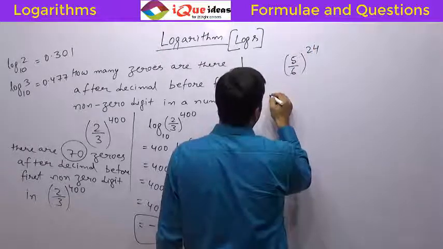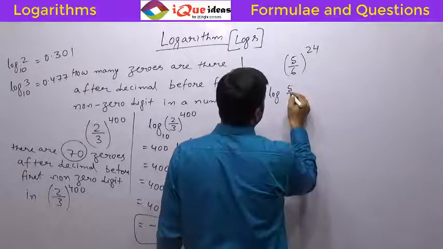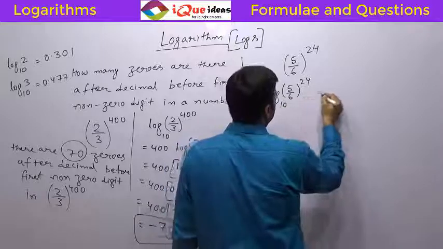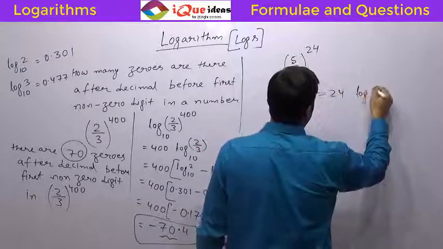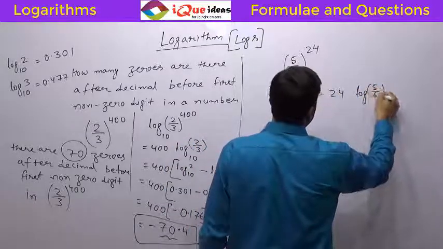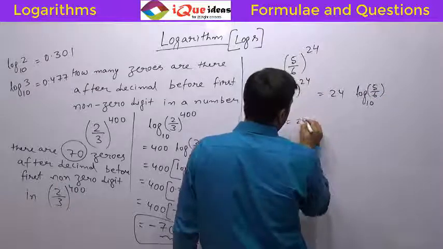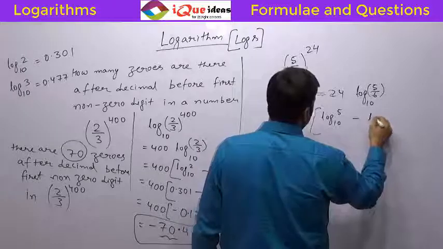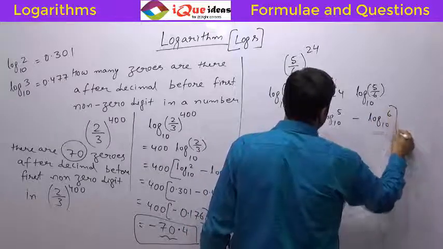Alright, so what we do is we take log of 5 by 6 to the power 24 to the base 10. So it is 24 times log 5 by 6 to the base 10. It is 24 times log 5 to the base 10 minus log 6 to the base 10.